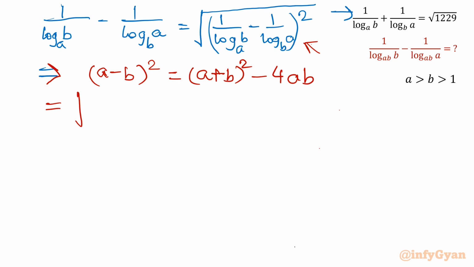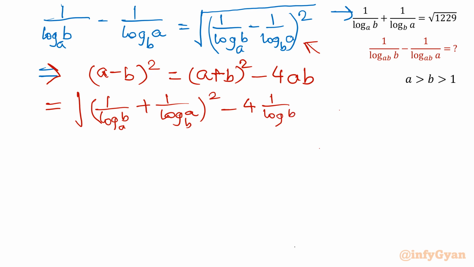So I can write 1 over log b base a plus 1 over log a base b, whole square, minus 4 times 1 over log b base a times 1 over log a base b, and we are having the square root.